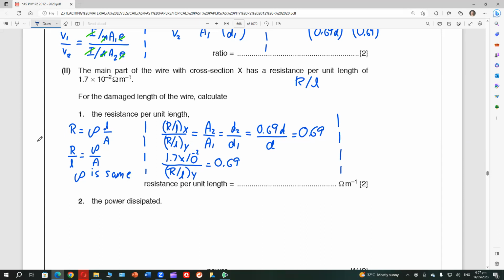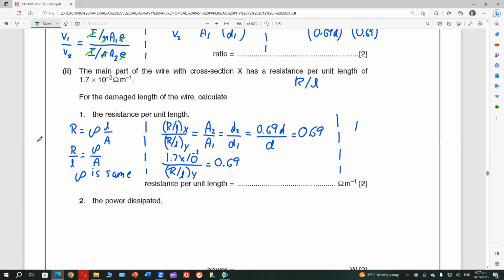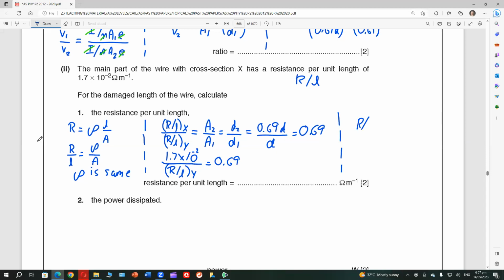Now you have to rearrange and get this value. So the length we'll take as 3 millimeters in the below equation. No, we need the whole value.